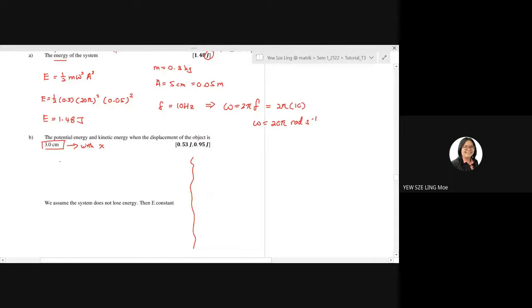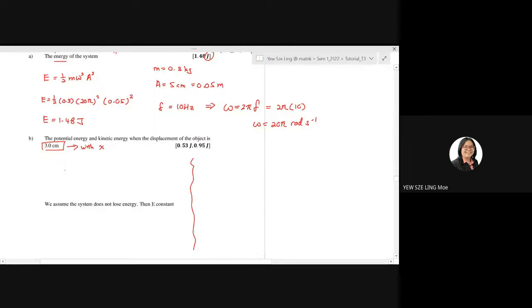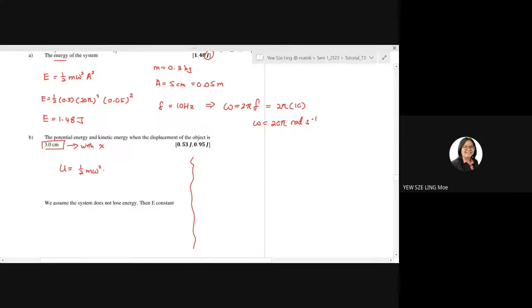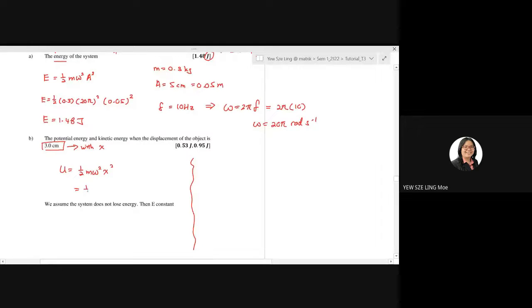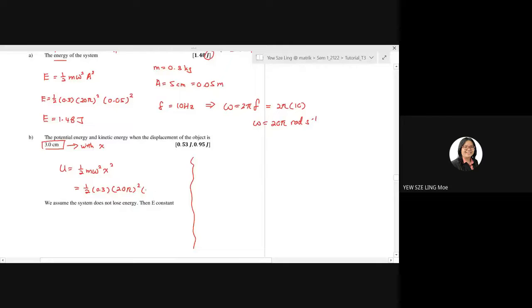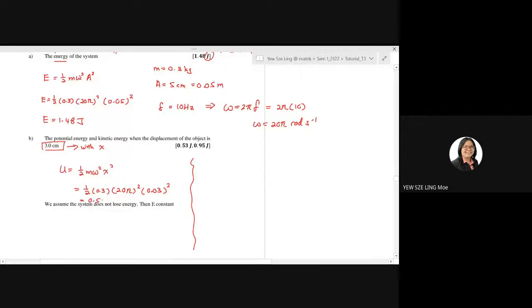Okay, so let's start from potential energy. So U equals 1/2 m omega squared x squared, which is then equal to 1/2 times 0.3 times (20 pi) squared, and then x given 3 cm is 0.03 meter. Which then gives U equal to 0.53 joule.